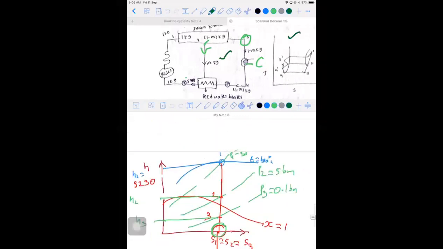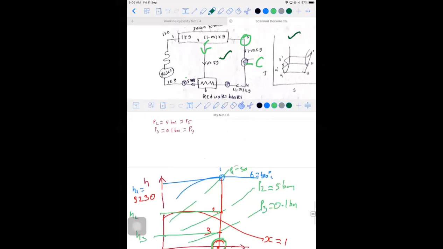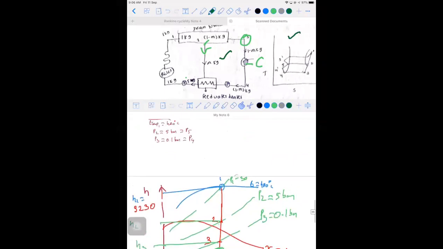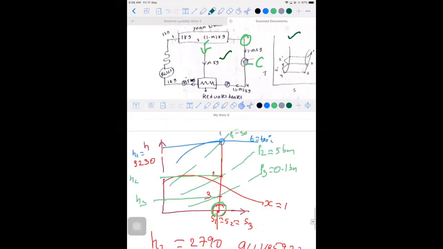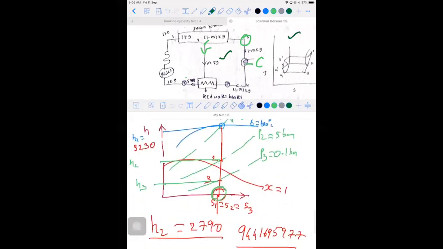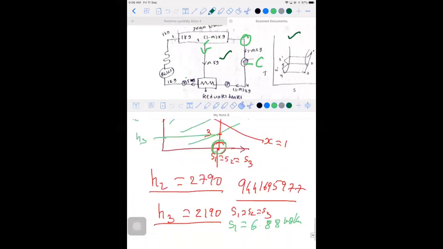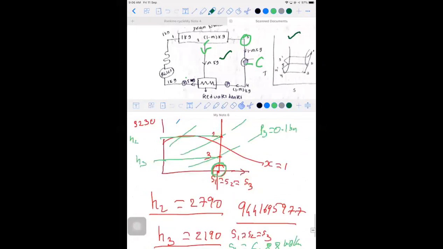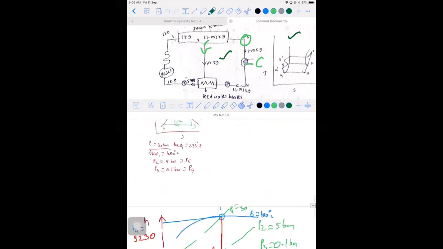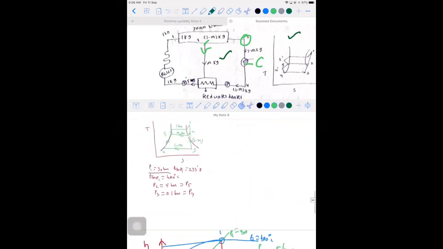Thereby we have identified that P1 is 30, P2 is 5 bar, P3 is 0.1 bar, and that P2 is equal to P5 and P3 is equal to P4 is equal to 0.1 bar.